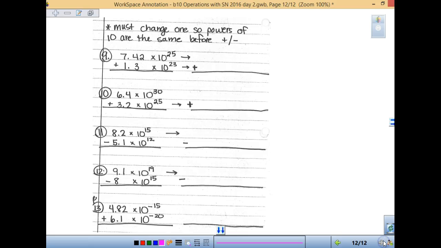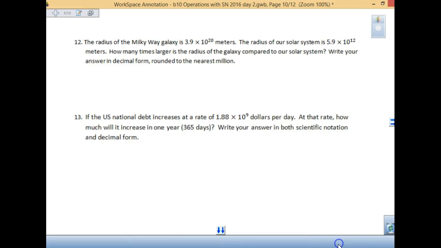On the back is where it says change it to go big, right? Change it to go big. Which means I want this to be 10 to the 25th, and I want this one to be times 10 to the 25th, right?